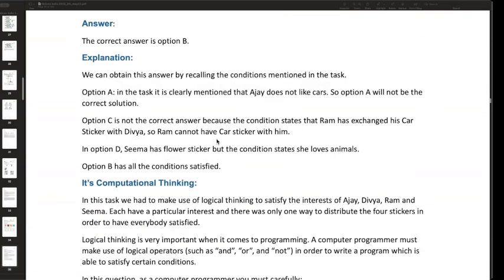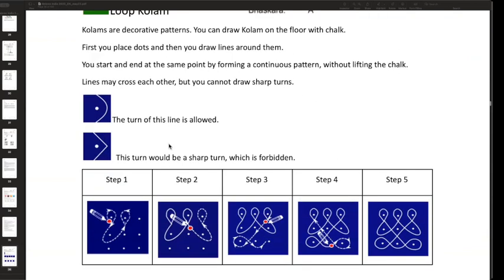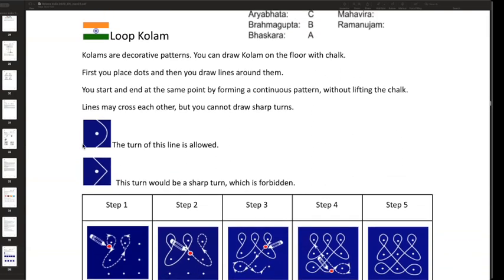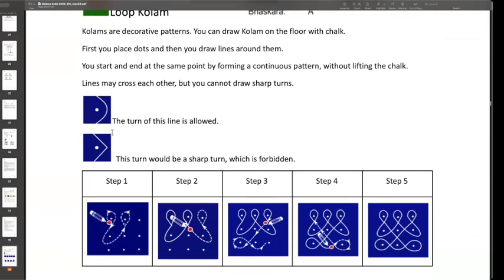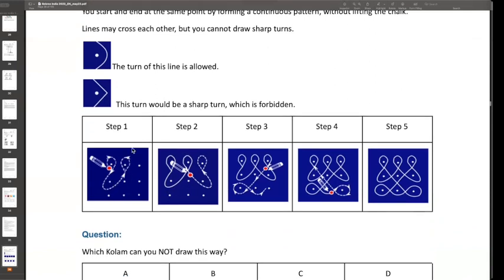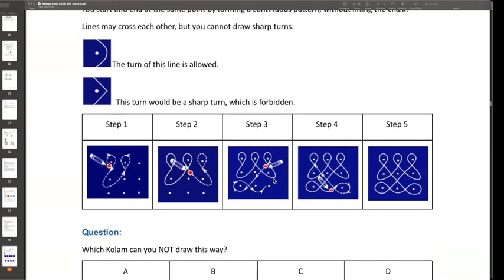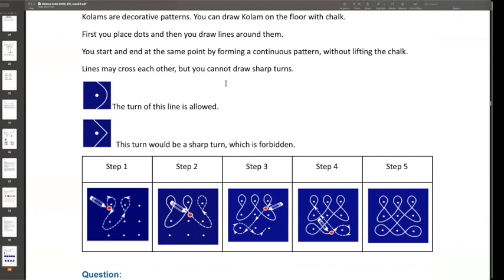I'll explain it first. There is a type of art style where you have to draw on the floor with a chalk. So first you have to make dots and then draw lines around those dots. In this type of art form, you can turn the line, but you cannot do a sharp turn like a 90-degree turn, and you can cross over the line, but you have to start and end at the same point, which forms a continuous pattern.